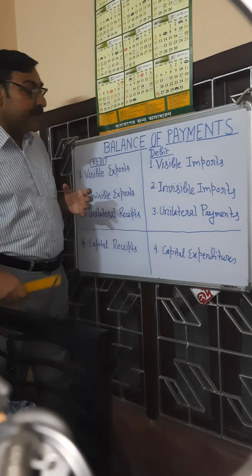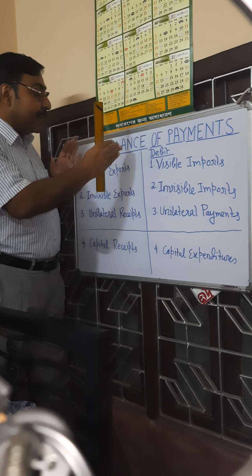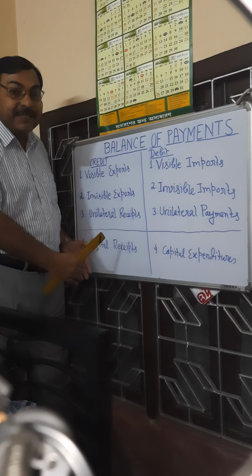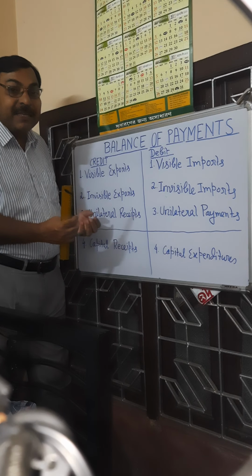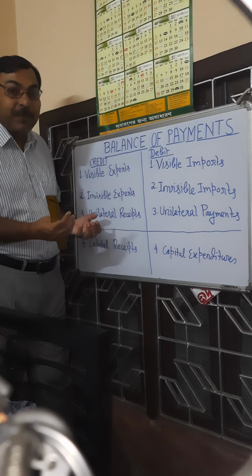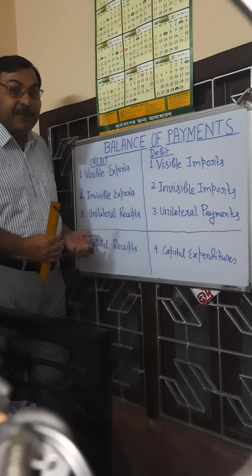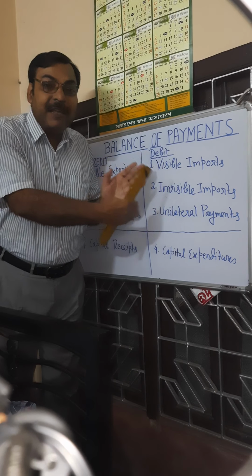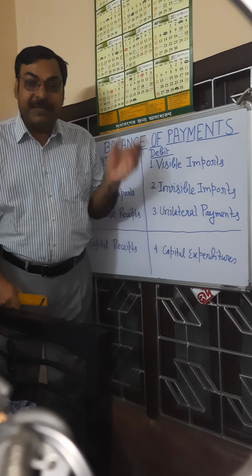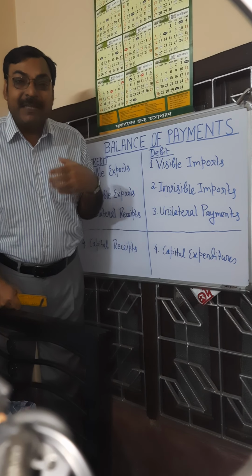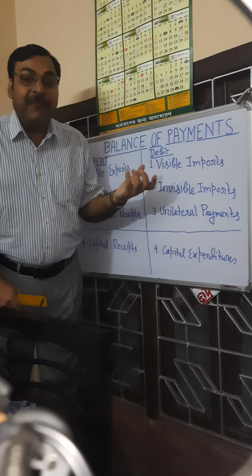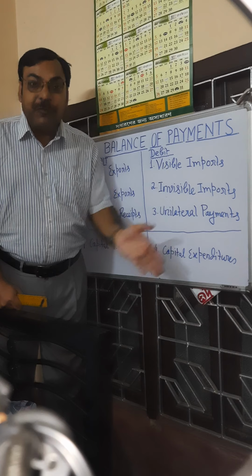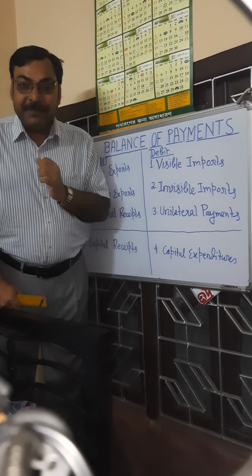Double entry system means some items are included on the credit side because they signify receipts for the economy, income generation for the economy, and some items are on the debit side of this record. Debit side signifies the expenditure of the economy, outflow of money from the economy.